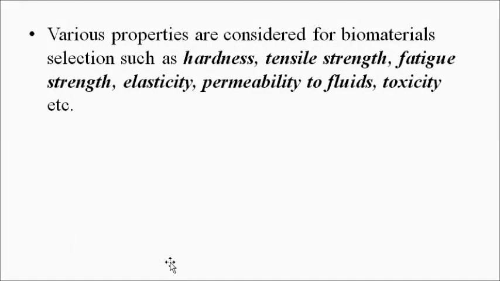The various properties considered for biomaterials are hardness, toughness, tensile strength, fatigue strength, elasticity, permeability to various body fluids, and toxicity, as I said, they should not cause any harm to the human body or any body parts. So various properties and factors are considered for the selection of biomaterials.